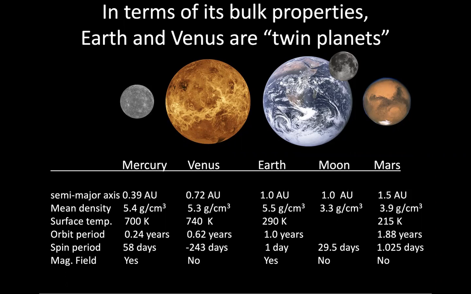However, the environment on Venus's surface is radically different from the Earth. We've already talked about how Mars's surface is different from Earth's and is quite inhospitable to Earth life. Venus takes that to a different level.